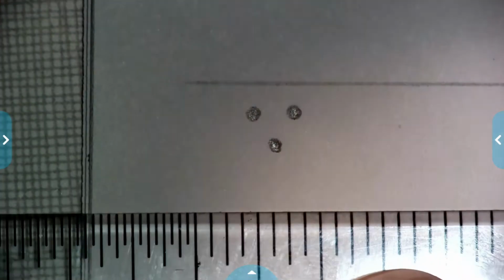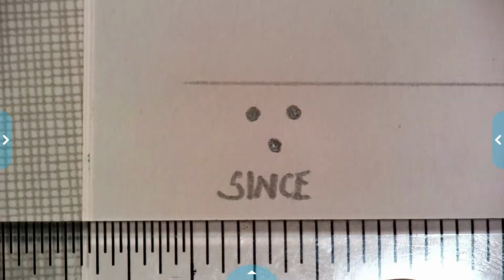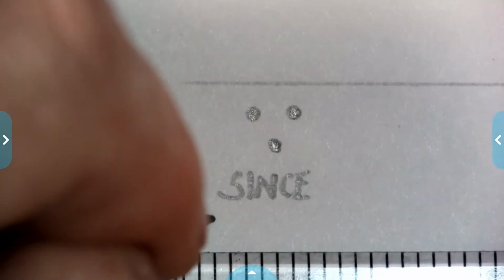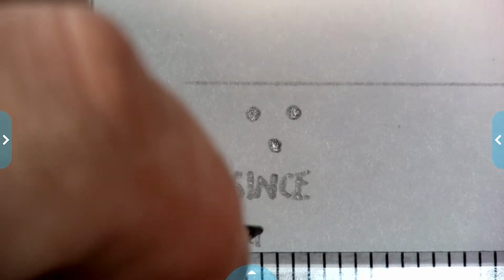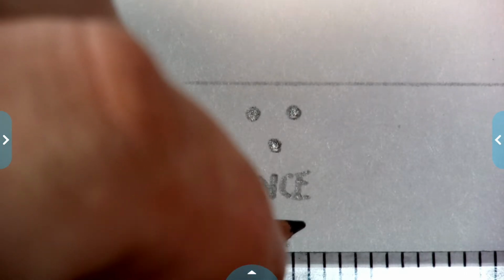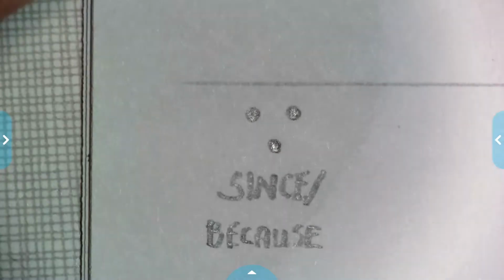Okay, notice the difference. This just means since. Okay, it could also mean because. Okay, either one. So let's zoom back out.